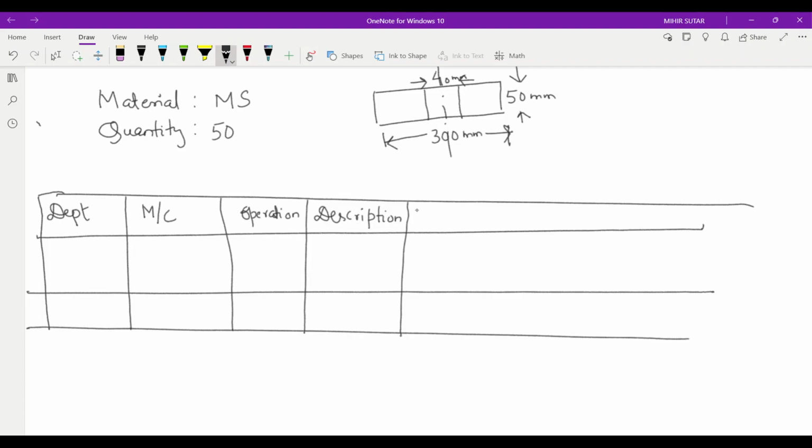Then tool. Jigs and fixtures. I think you might have read jigs and fixtures in MST too, isn't it? Yes, ma'am, jigs and fixtures. Then time. Setup.